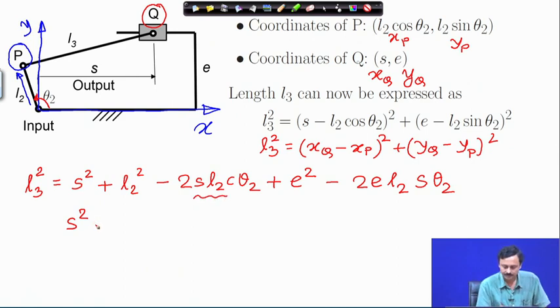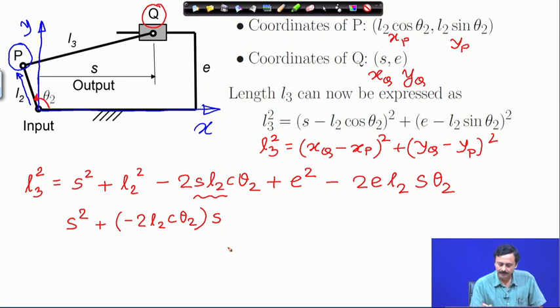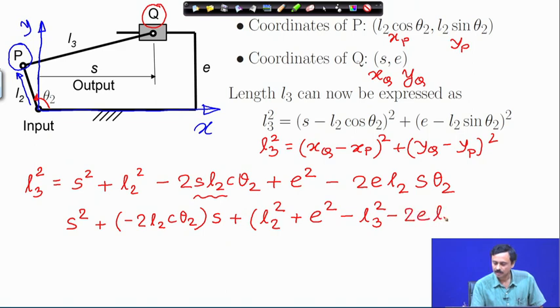So, that is plus minus 2 L2 cos theta 2 into S, and then the rest of the terms plus L2 square plus E square minus L3 square minus 2 E L2 sin theta 2, and that must be equal to 0.